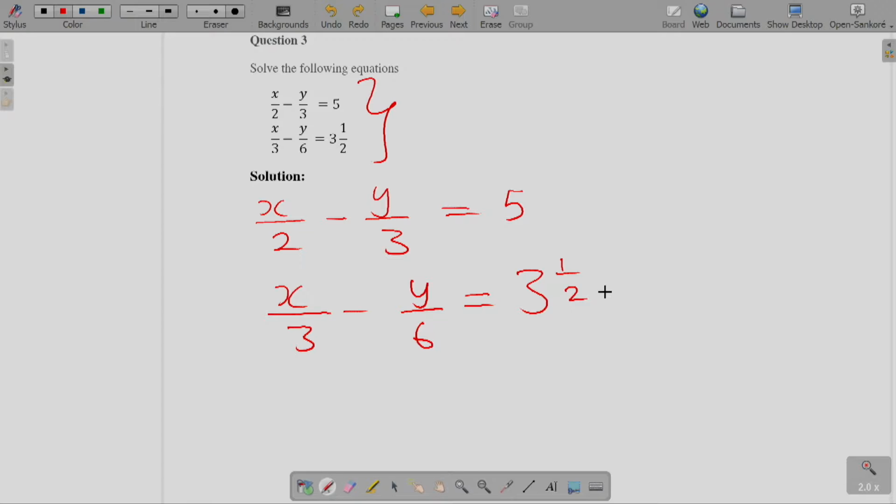The second step is to name these two equations. So let's name them. For example, this equation, let's name it as equation number 1, and this one is equation number 2. Now we need to solve for x and y, and on solving these two equations we are going to use the method of elimination.